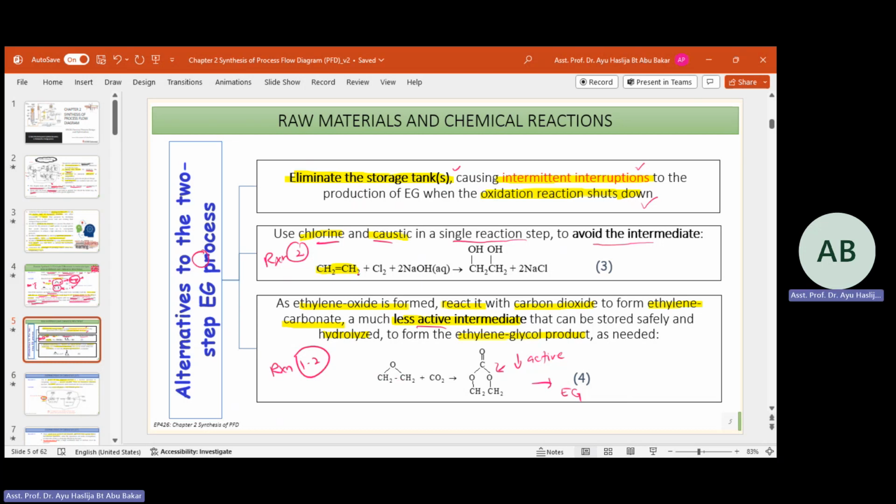You don't need to memorize this reaction. You need to understand the steps. Meaning that in step 1, the raw materials and chemical reaction, you need to have a few alternatives to consider when it involves toxic, hazardous, and risky operation.